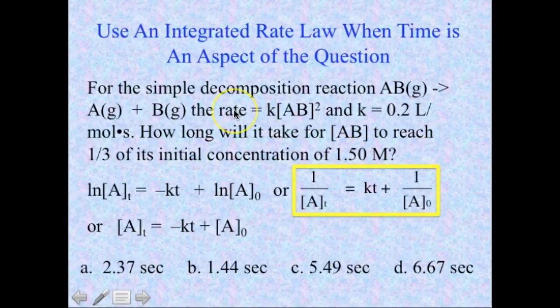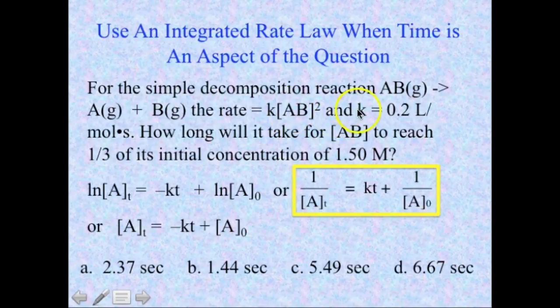Now there are two clues here as to what type of integrated rate law equation we're going to use for this. First is the rate law is given to us, and the overall order is 2, AB squared. So that tells us it's a second order reaction.